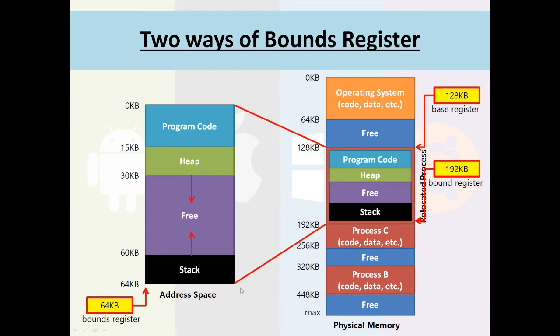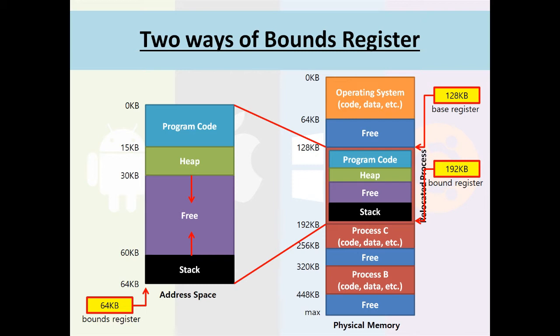Now, there are actually two ways to implement this bounds register. One, like I've described already, where we point to the end of the address space, and another where we point to the end of the process within physical memory, as indicated by this bounds register over here. Both of them work and fulfill exactly the same role, and you can even calculate one from the other.